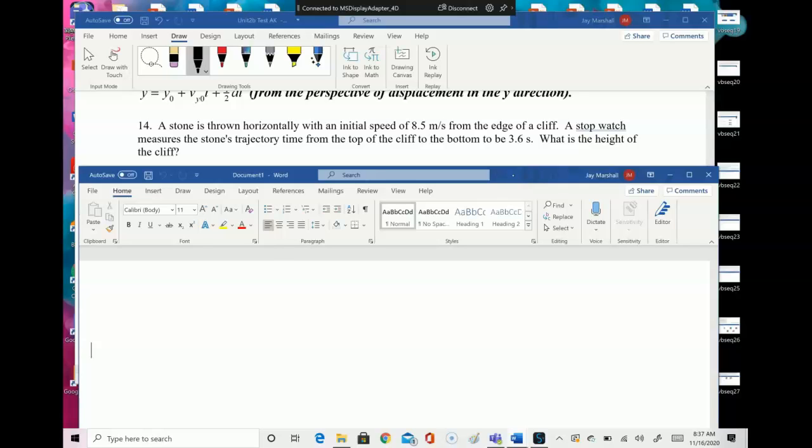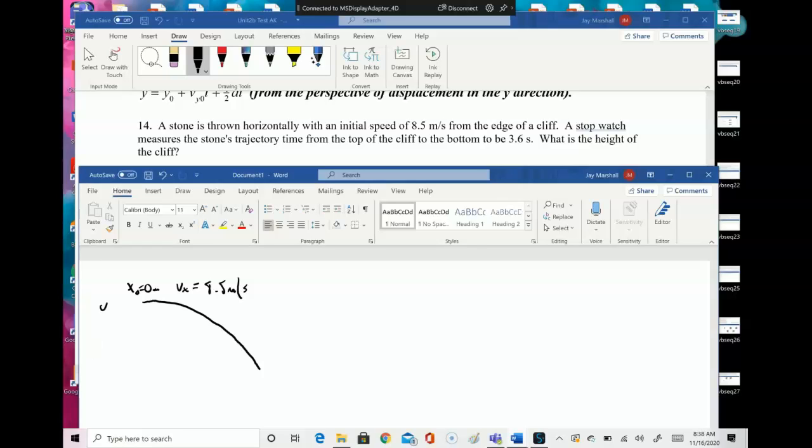Okay? So, if you want, you can create a motion diagram, and you can say x0 equals 0 meters, vx equals 8.5 meters per second.